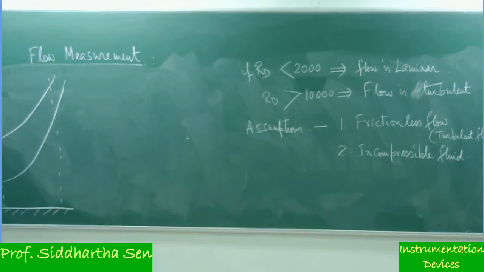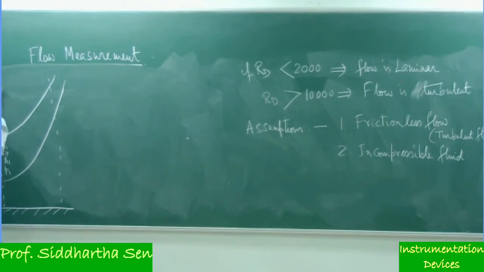Obviously, I take the most general case. The center of the pipe is at a distance h1, and the liquid is flowing at a velocity of v1. The area of cross section is a1, and at this position the pressure is p1.